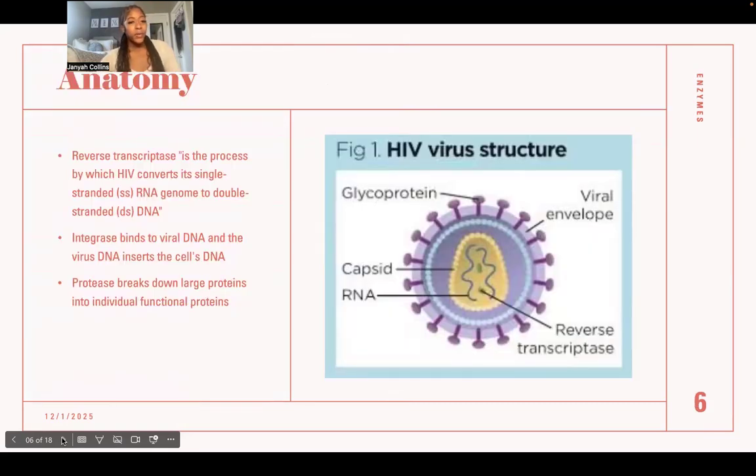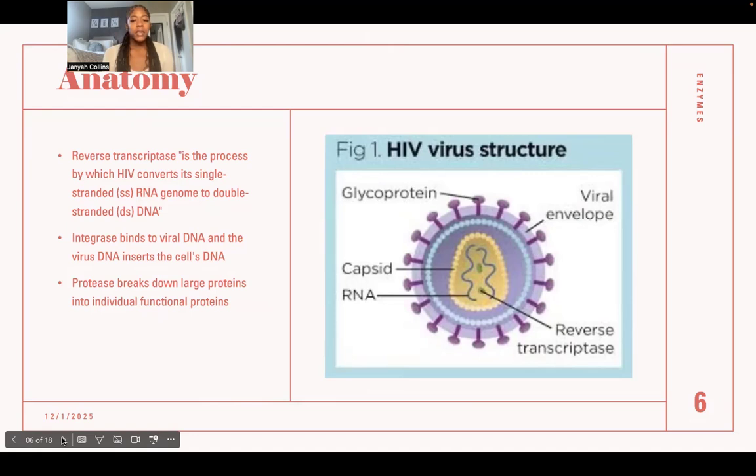Moving on, we have three very important enzymes that help with replication in HIV: our reverse transcriptase, our integrase, and our protease enzymes. Reverse transcriptase is the process by which HIV converts its single-stranded RNA genome to double-stranded DNA.